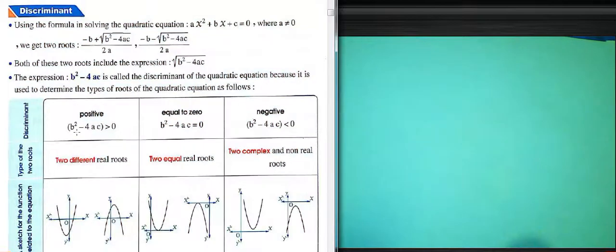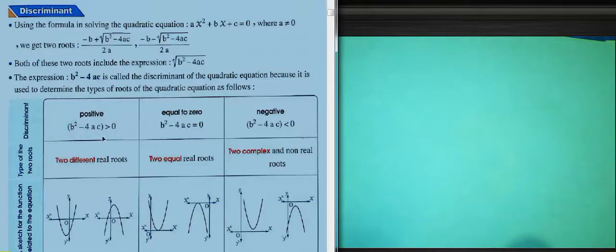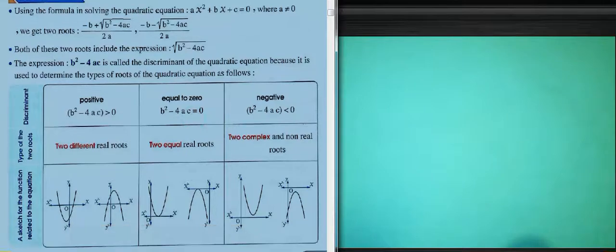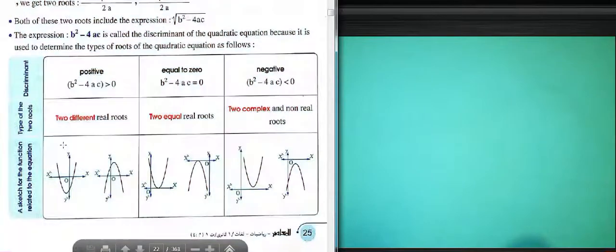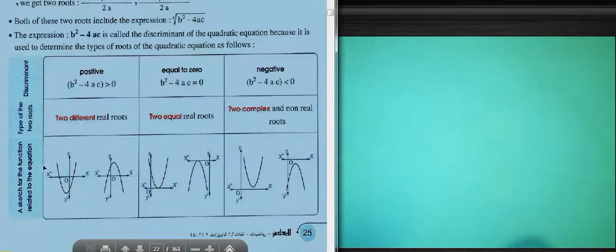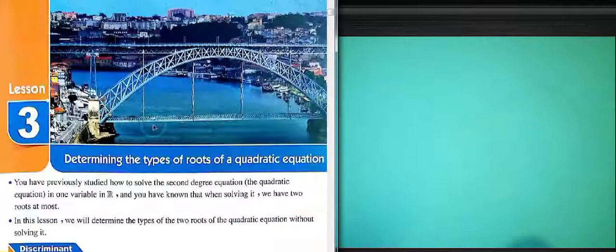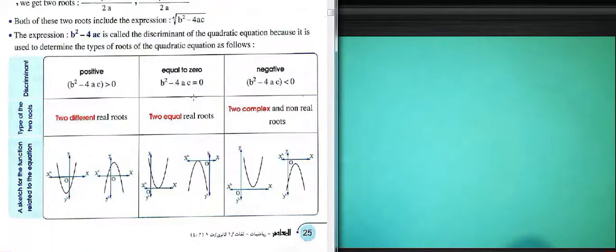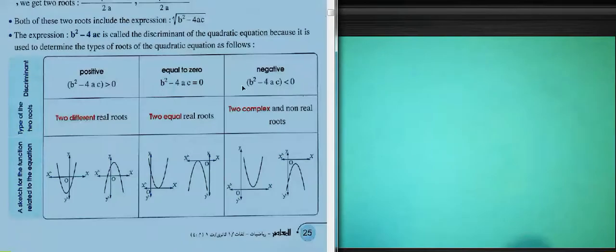Look with me. b power 2 subtract 4ac more than 0: we have two different real roots, such that, look at this with me, the curve intersects the x-axis at 2 points. If the discriminant equals 0, b power 2 subtract 4ac equals 0, we have two equal real roots.